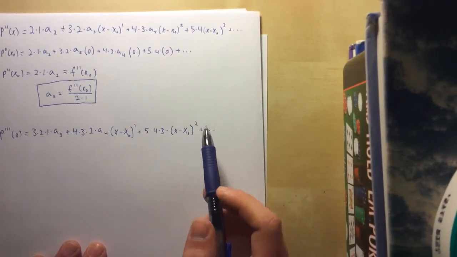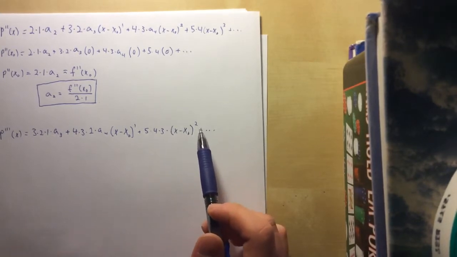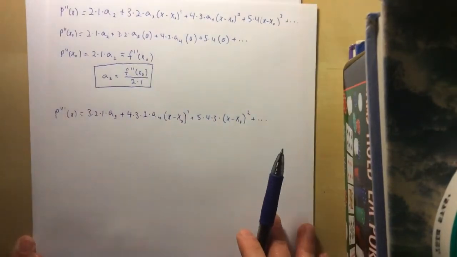The next term, of course, would be 6 times 5 times 4 times x minus x naught to the third. Just pretty much follows that same pattern.